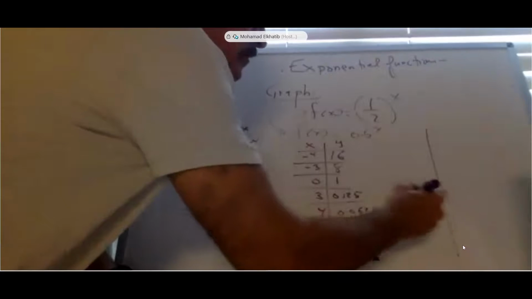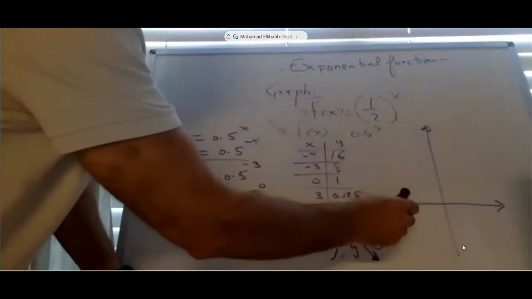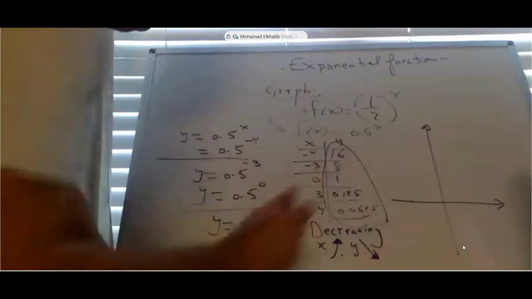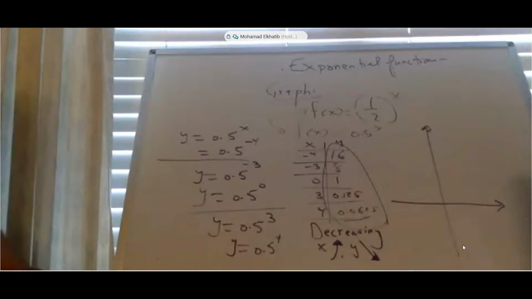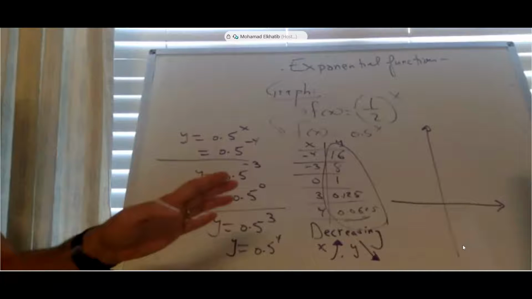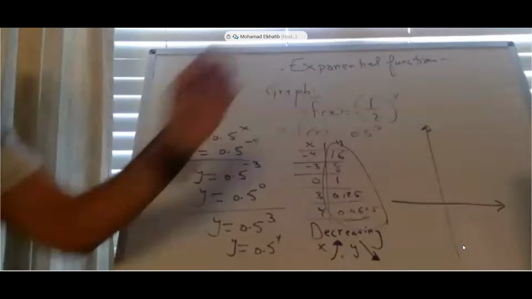All right. What do you notice about the y values here, everybody? Always positive. Do you agree? That means the graph is going to be where? Only on the top part of the x-axis. Okay, let's graph it.